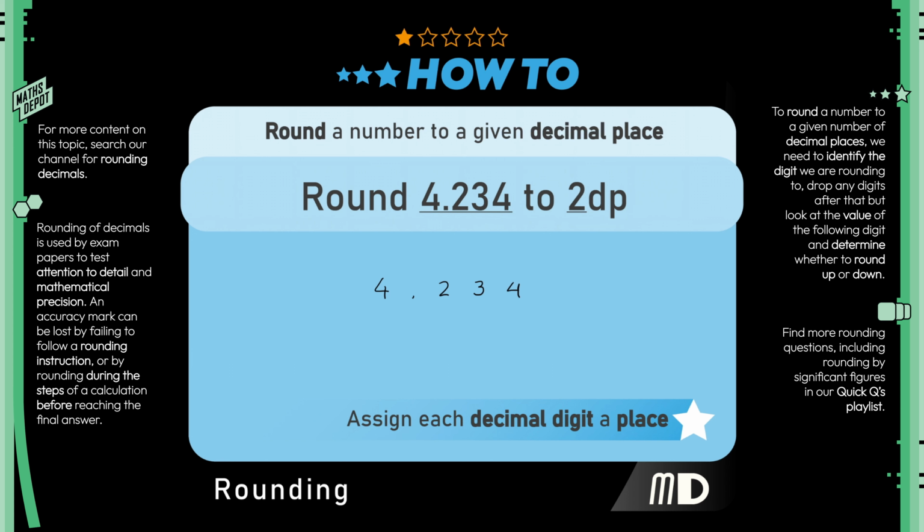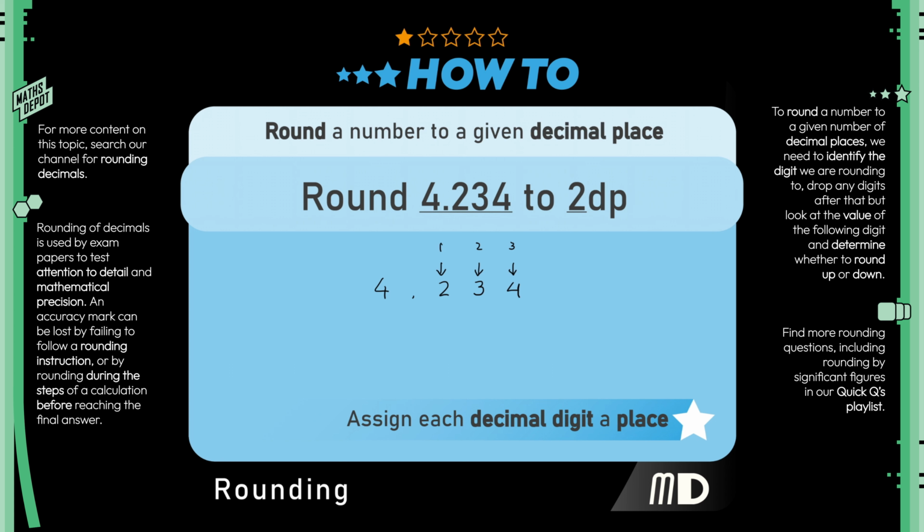Applying that principle to this question, 2 is the first digit after the decimal point and the first decimal place. 3 is the second digit after the decimal point and the second decimal place. And 4 is the third digit after the decimal point and the third decimal place.